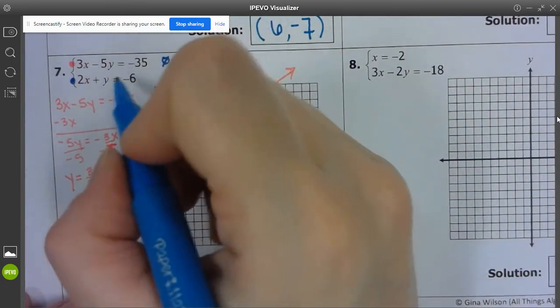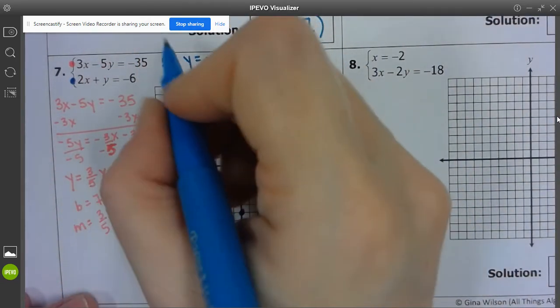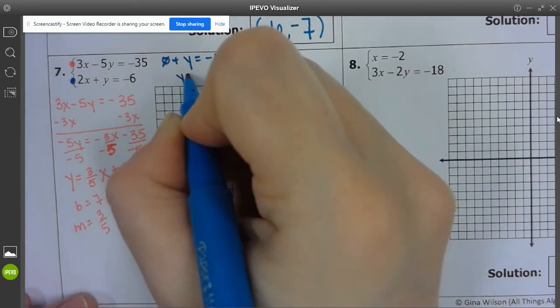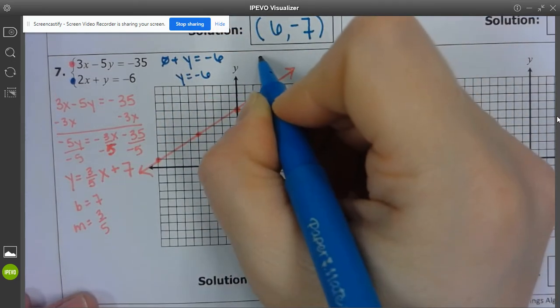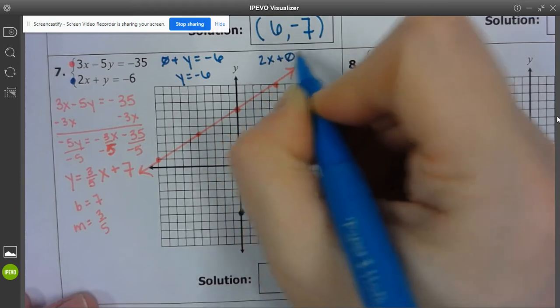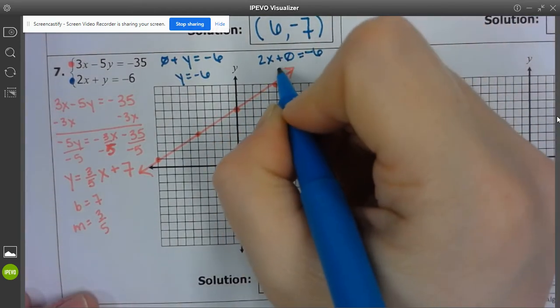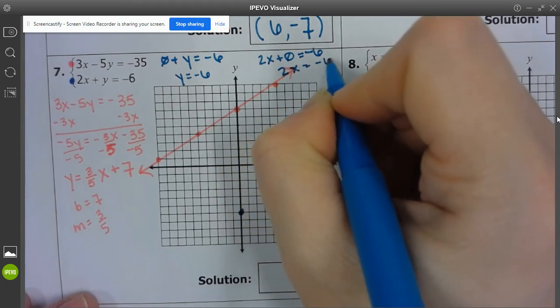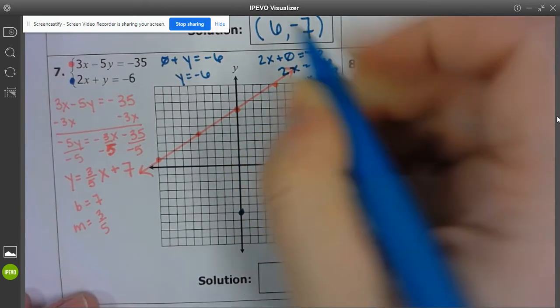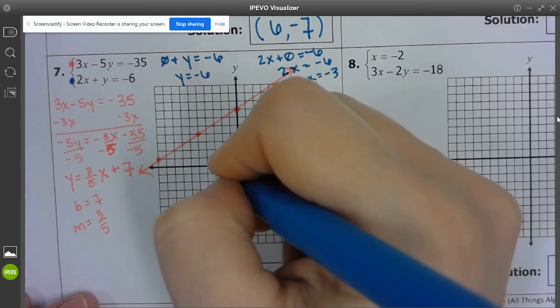And then taking out x, I'll have 2x plus 0 equals negative 6. So that tells me that 2x is negative 6, so x is negative 3. 1, 2, 3.